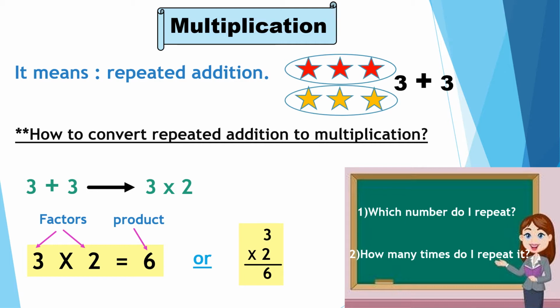So 3 times 2 equals 6. They are factor, product, factor, product. And the same here in the vertical way. If we have two numbers multiplied by each other, we call them factors. And the result will be the product.